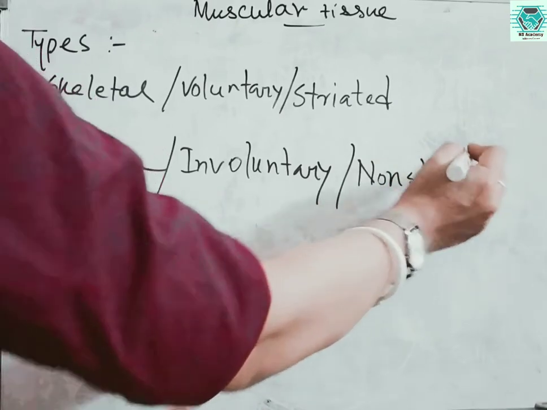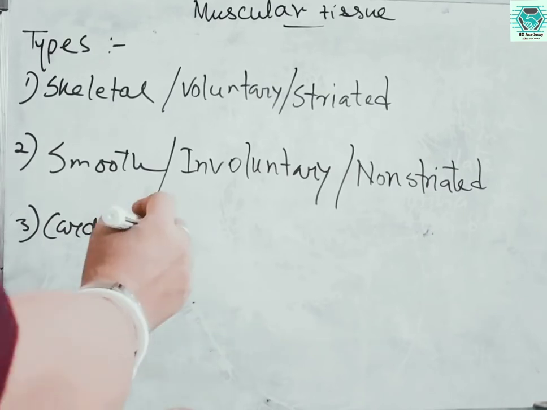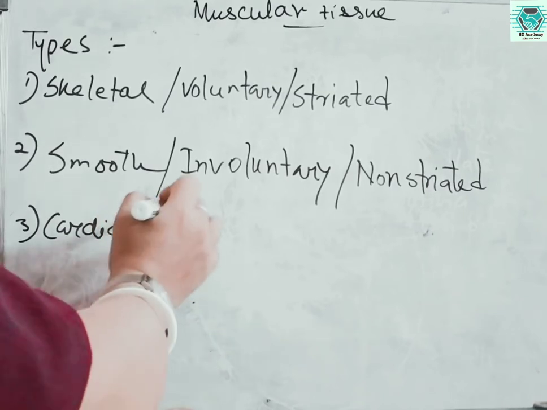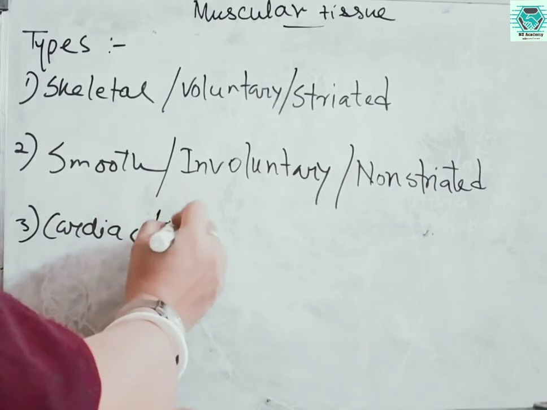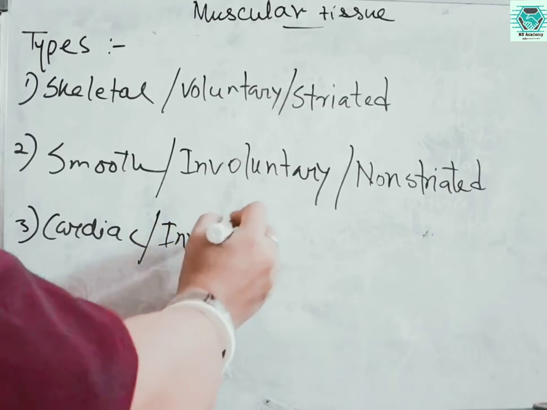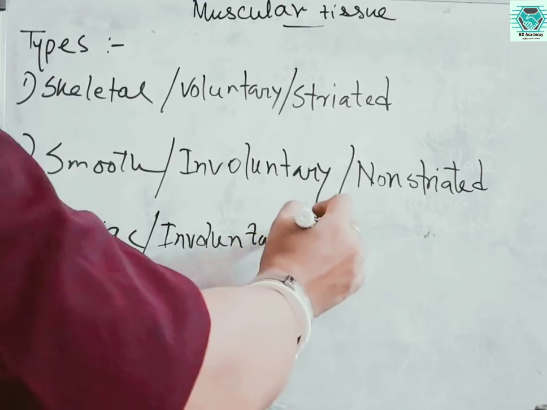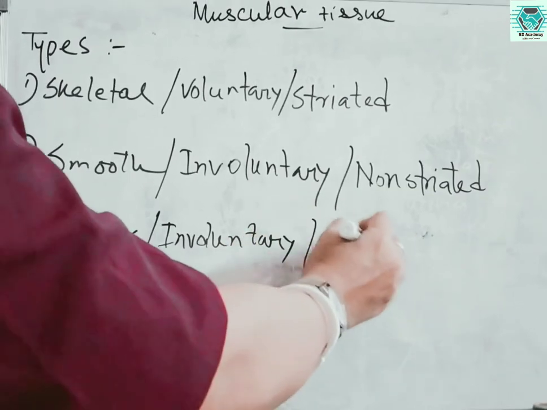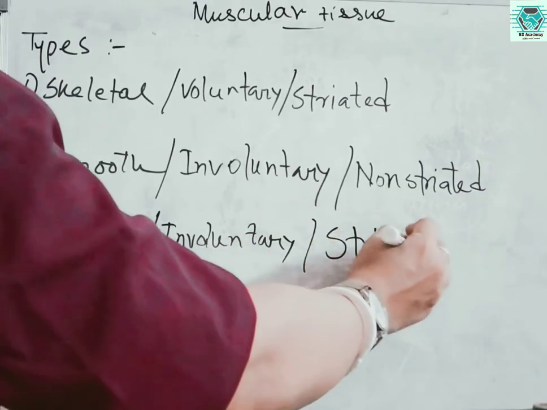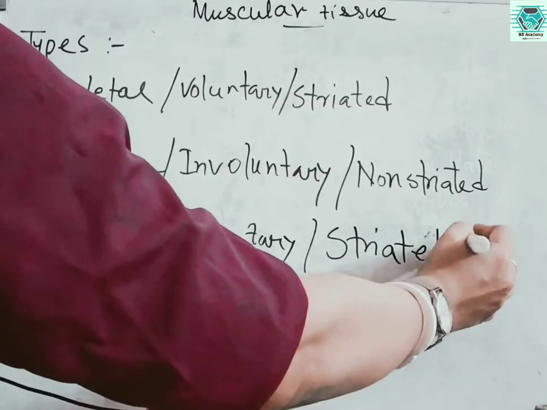We cannot see any kind of striation under the microscope, whereas the cardiac muscle is also involuntary in nature, striated. We can see striation under the microscope, and branched.